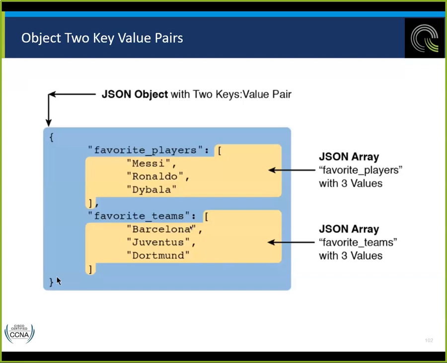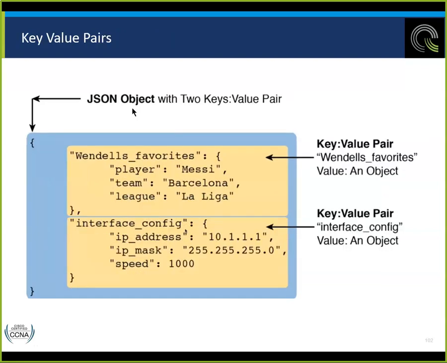In this one, an object with two key value pairs: the JSON object with curly brackets, and a JSON array, favorite players colon, and then a list in quotes separated by commas in a square bracket. Then another JSON array, favorite teams, containing a JSON object of key value pairs: player Messi, team Barcelona, league La Liga.